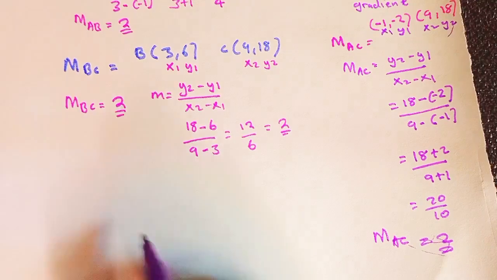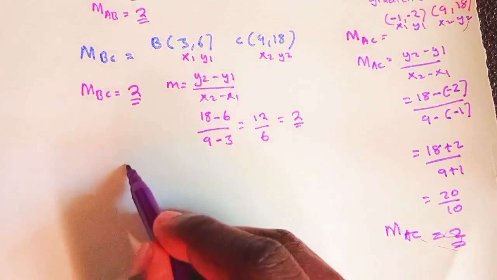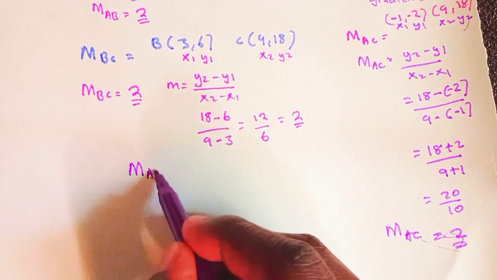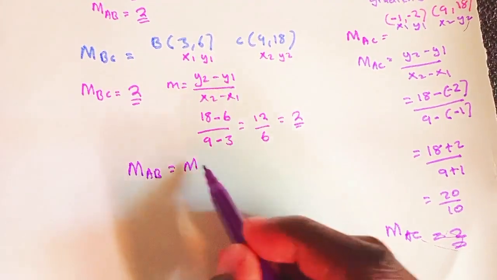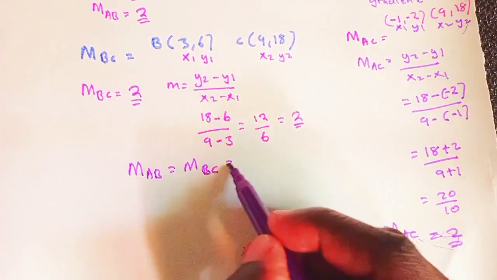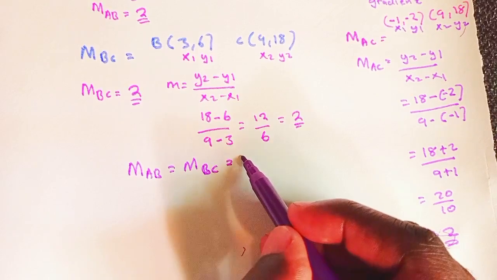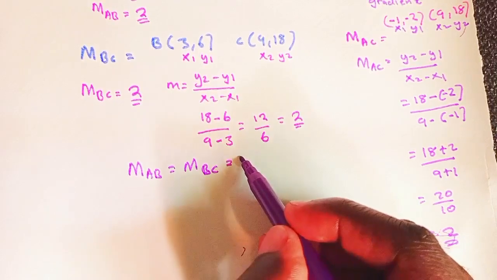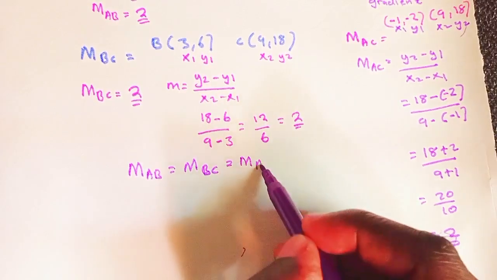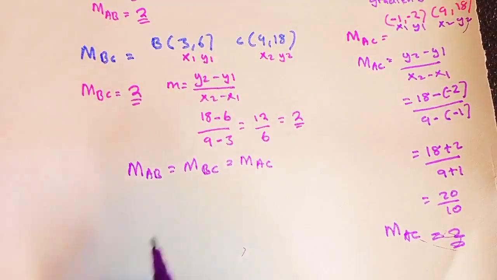Now since we've discovered that the gradient for AB is equal to the gradient for BC, which is also equal to the gradient for AC, what does this tell us?